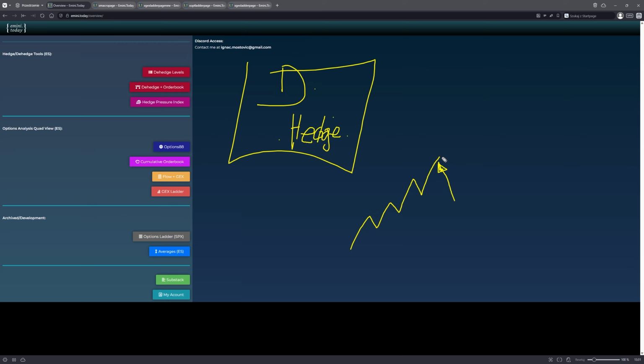And the dealer has to hedge it. So what it will do, it will strengthen this move, right? So you will often see the price slowly grinding higher and higher. And the higher it goes, the more they have to hedge, pushing the price higher, right? So that is the one way that the hedging can impact the markets.